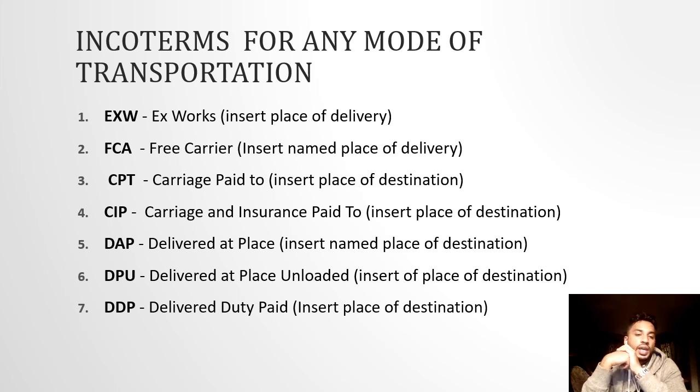For example, DAP, delivered at place: you only get paid when you deliver to the customer. DPU, delivered at place unloaded: the only time you get paid is when you deliver it and unload it at the customer's site. Delivered duty paid: you only get paid when you deliver it and all the duties and tariffs and everything are paid. All the other ones you won't really see too much. The main ones are coming up.